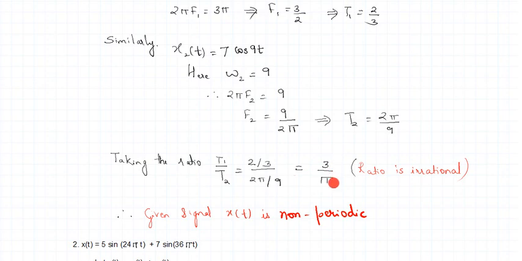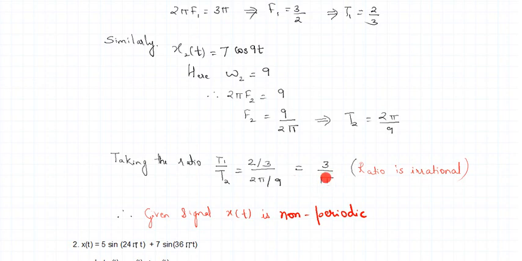Now, to say whether the signal is periodic, the ratio should be rational. Is it in the form of p by q? p is an integer, but what about q, the denominator? The denominator, pi, is an irrational number. It takes a value 3.14 and so on, a non-terminating value, so it is not an integer.